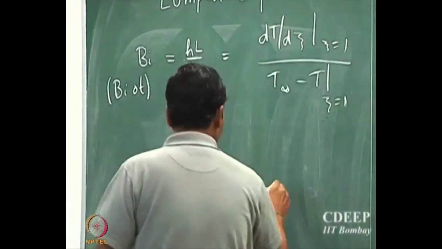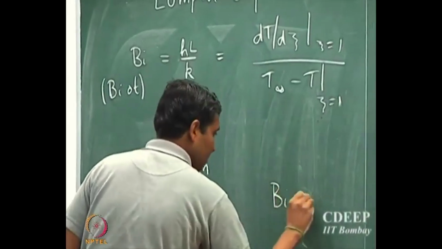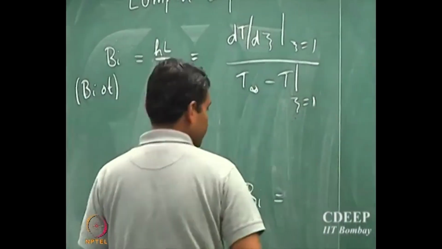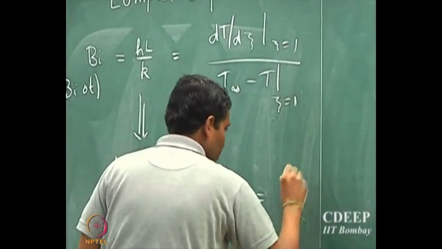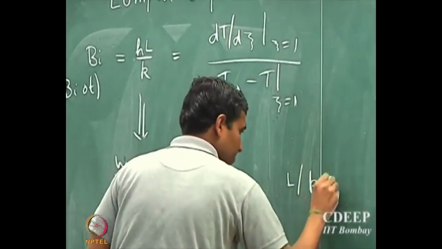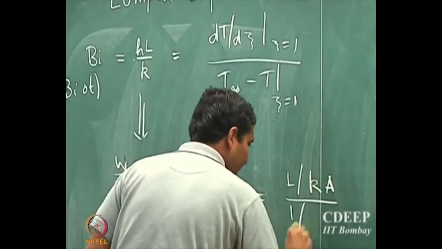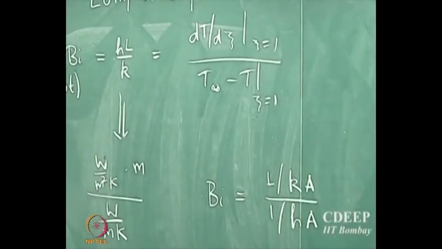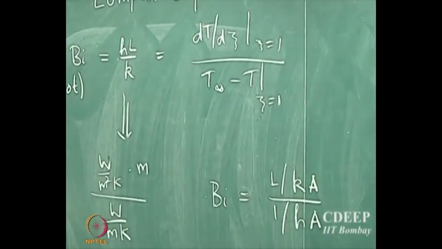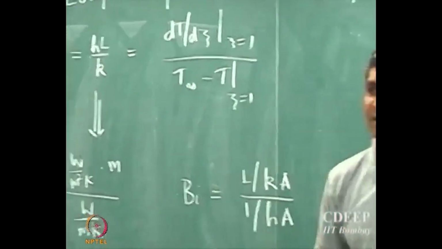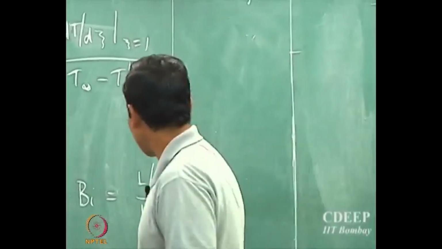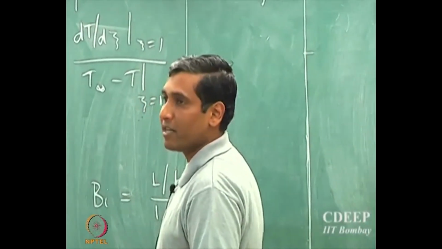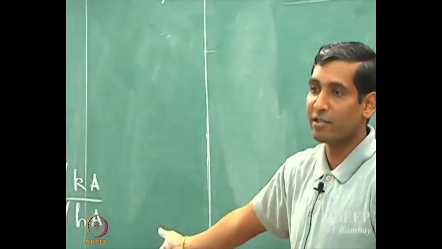So we could rewrite this Biot number as (L by kA) divided by (1 by hA). Okay. So all I have done is multiply the cross sectional area at which the heat transport is occurring from the solid to the fluid in the numerator and denominator, and I have just manipulated the expressions.